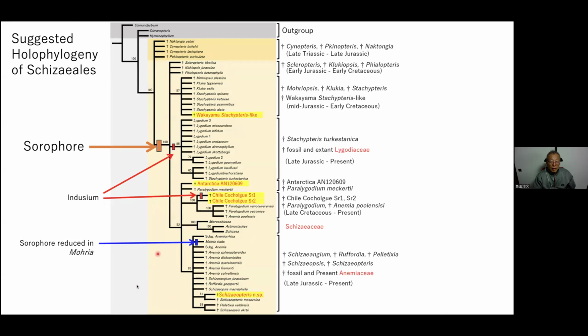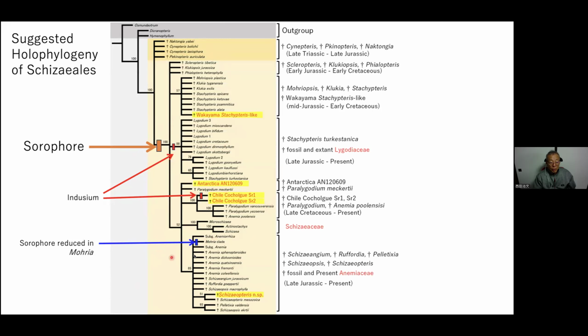And the indusium evolved only in Lygodium, but in Chilean material, one is exindusiate and one is with indusium. So sometimes these evolved in parallel.